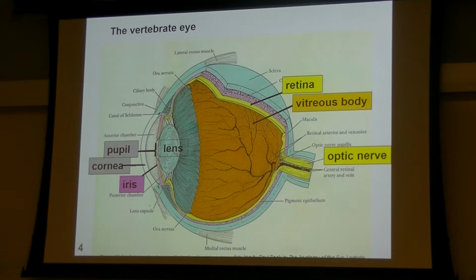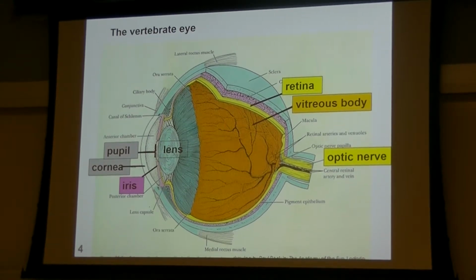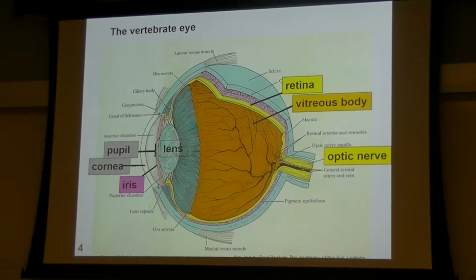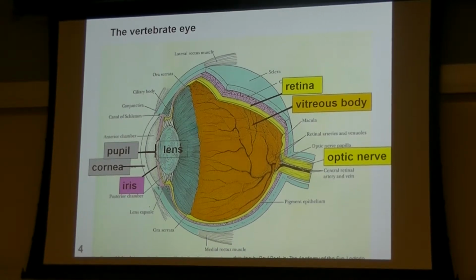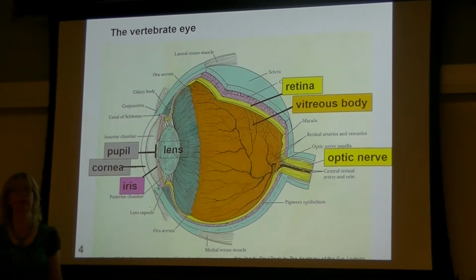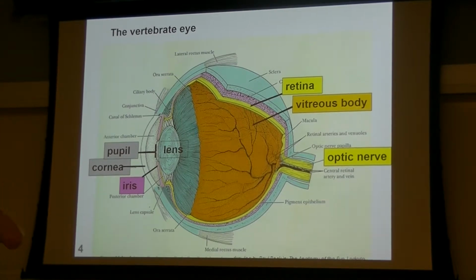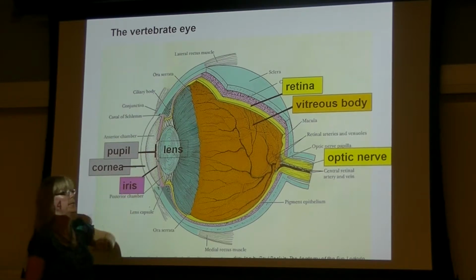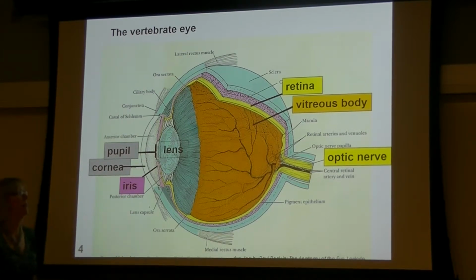So, as a reminder, I'm sure you're encountering this somewhere along the way in a physiology class. This is the adult eye in the mammal, and some of the structures are the cornea on the very outside. The iris is the colored part of the eye, and that actually can expand and contract in that center region where there is no iris. That gives you the pupil. So this is our colored part that might get larger or smaller depending on how much light is present at the time.